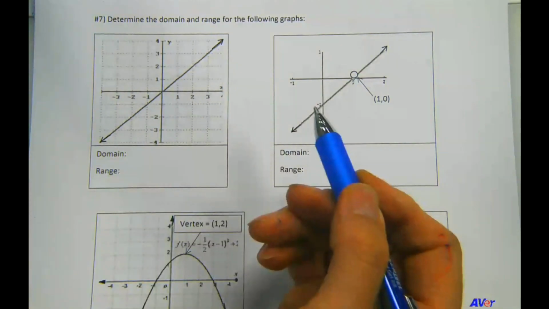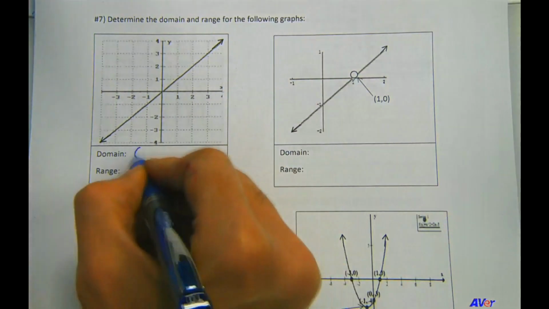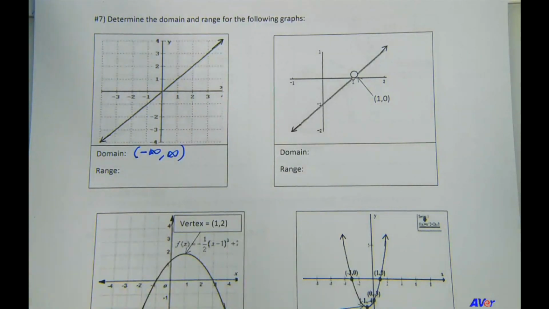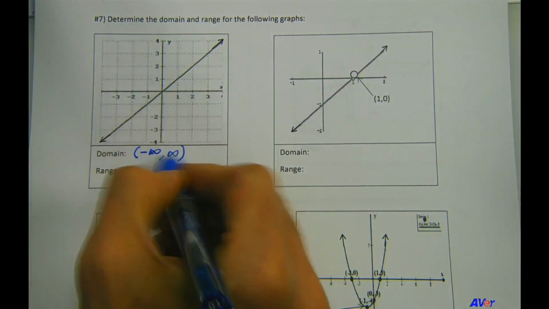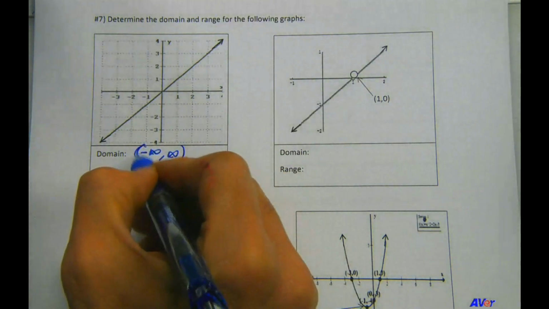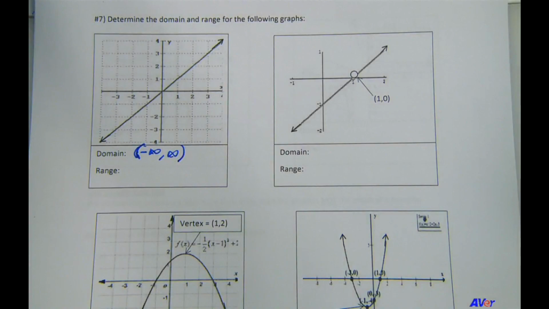No. So what would the domain be? It would be minus infinity to infinity. All x values are acceptable. So the domain is negative infinity to infinity. The infinity side always gets the parentheses. The parenthesis means that the value next to it must be excluded.